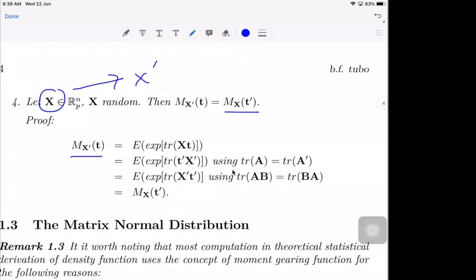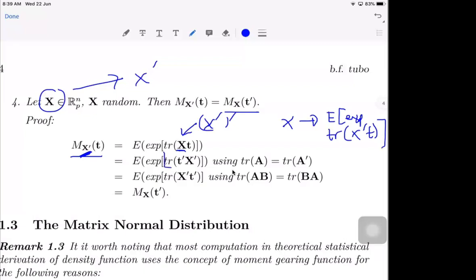So by definition, if you have x, the moment generating function is the expectation of the exponential of the trace of x prime t. So if that is x prime, here this is x prime prime, which is just x.